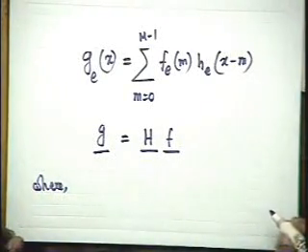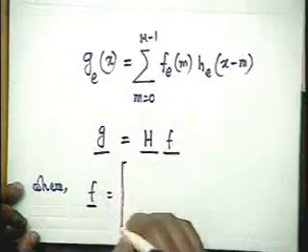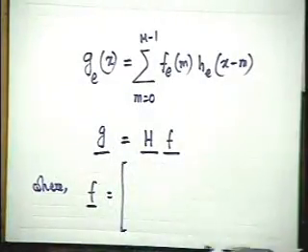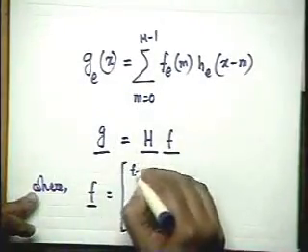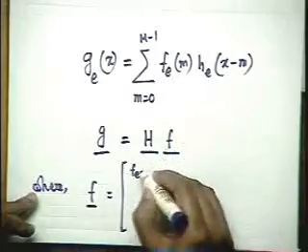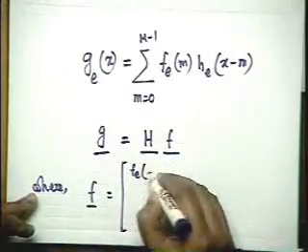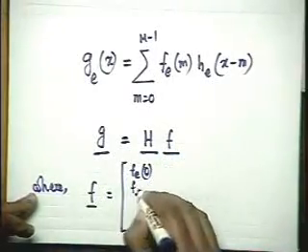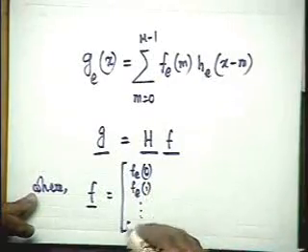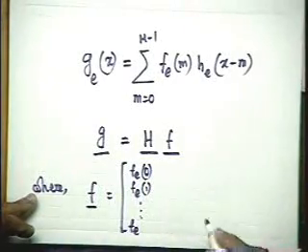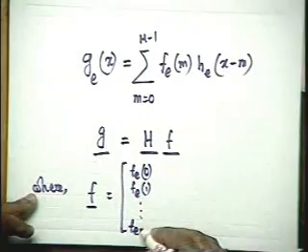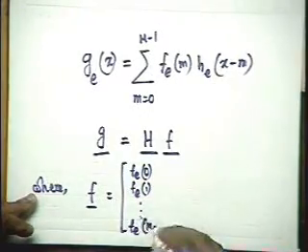We are taking capital M number of samples, isn't it? So f is to be indicated by a simple vector, and we can write f e 0, f e 1, etc., up to the last element of this vector, which is going to be f e M minus 1.